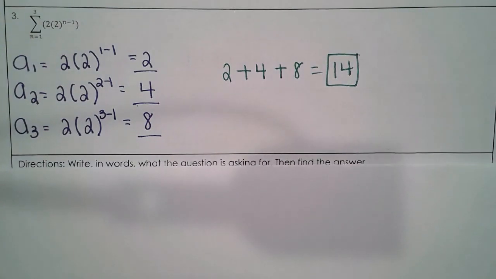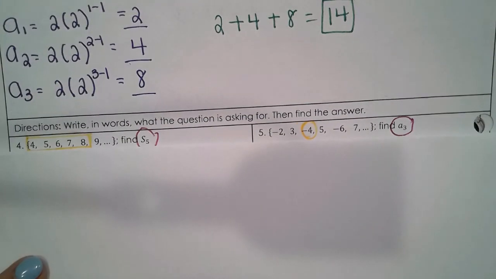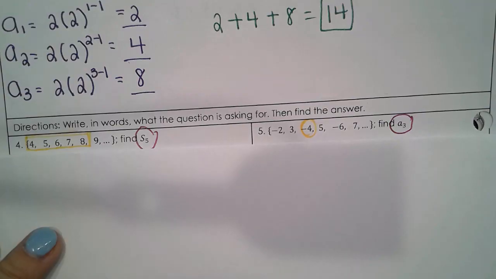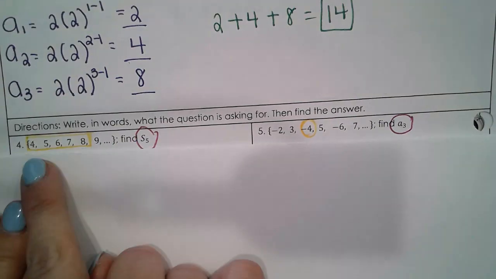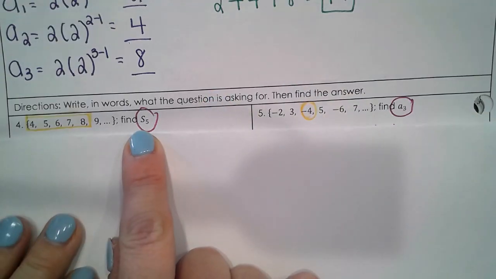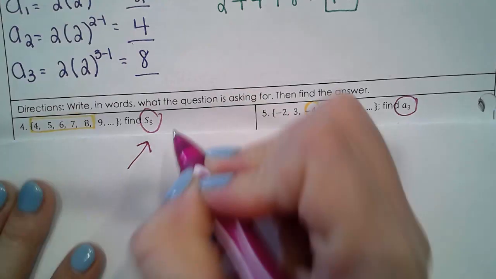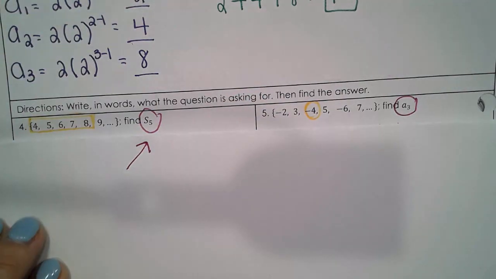Now, the last thing we're going to do really just deals with practicing the notation. So here on number 4, I gave you a sequence, and it says find S5. Okay, what does S5 mean?